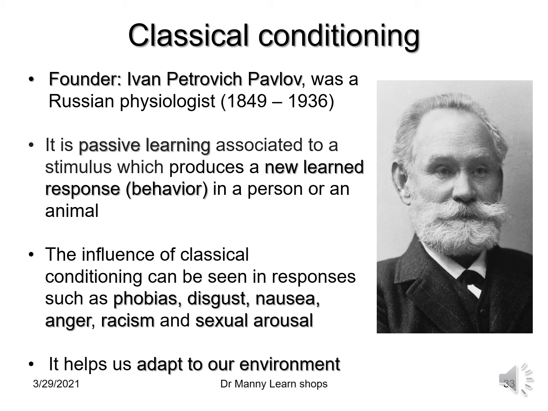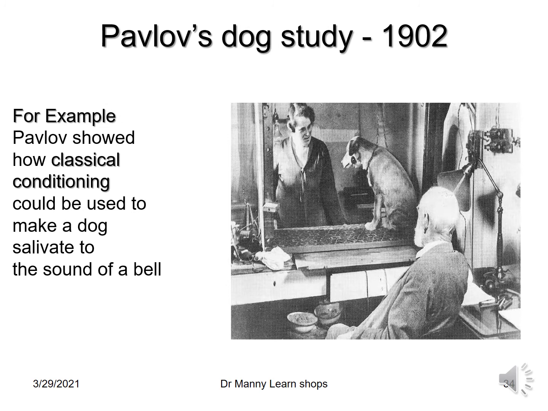Classical conditioning helps us adapt to our environment. This is Pavlov's dog study in the early 1900s. He showed how classical conditioning could be used to make a dog salivate just by ringing a bell.